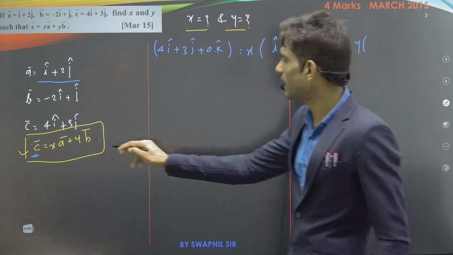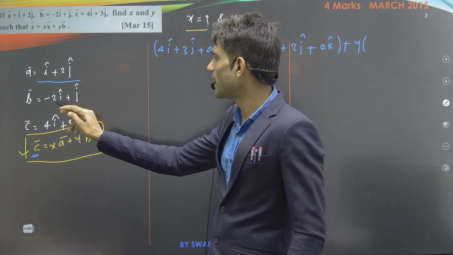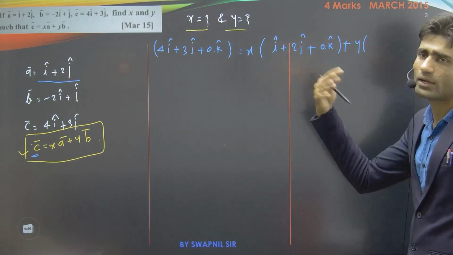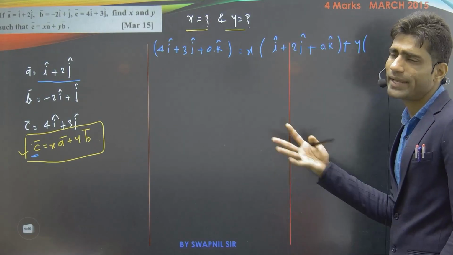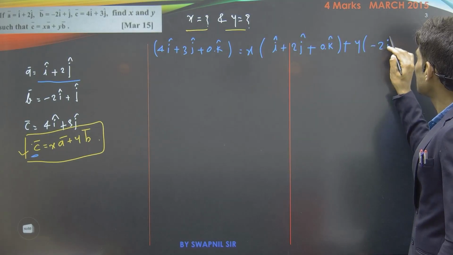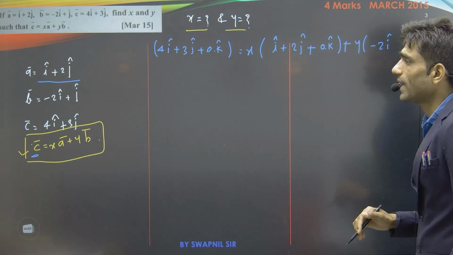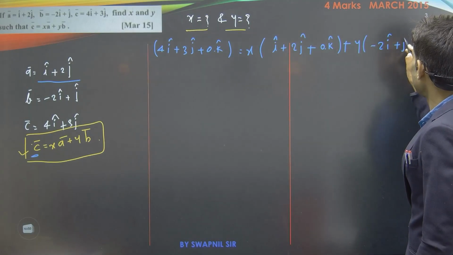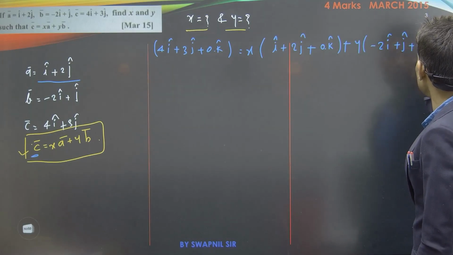B bar is minus 2 times I cap plus j cap, and similarly we take 0 times k cap.